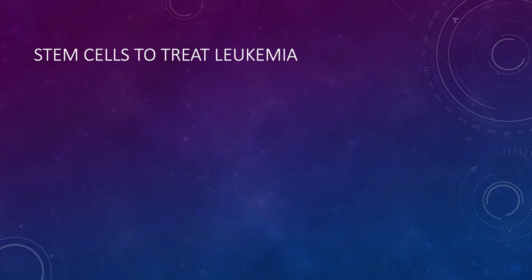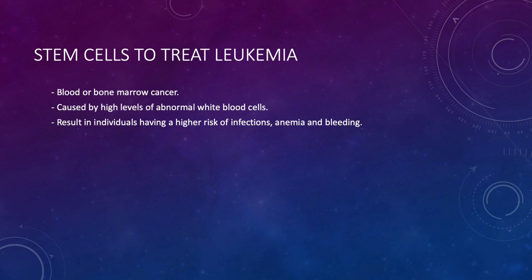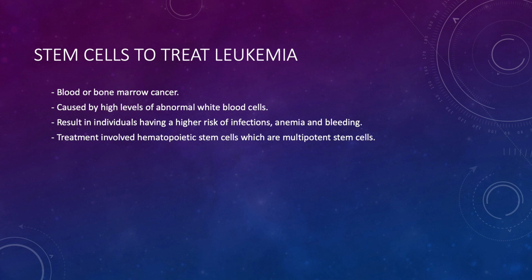The other use of stem cells to treat diseases is in the instance of leukemia. Leukemia is a blood or bone marrow cancer, which is caused by high levels of abnormal white blood cells, and this results in individuals having a higher risk of infections, anemia, and bleeding. Treatment involves hematopoietic stem cells, which are multipotent stem cells, and these are known as HSCs.